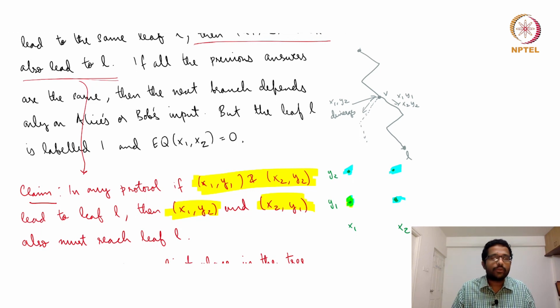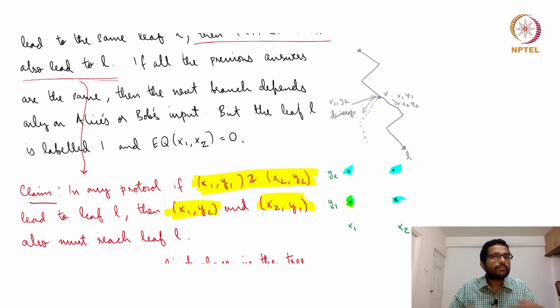So at this point, Alice does not have the power to distinguish the two scenarios x1 y2 and x1 y1, because all she knows is her input is x1 and that they are at the vertex V. She cannot distinguish x1 y1 and x1 y2. So it is not possible that Alice is the one speaking here.